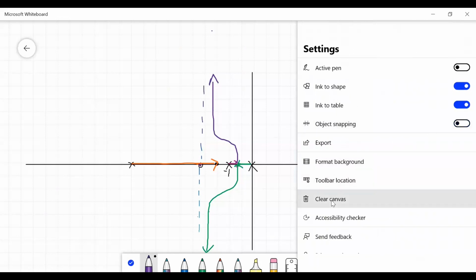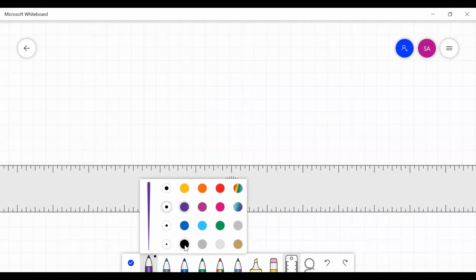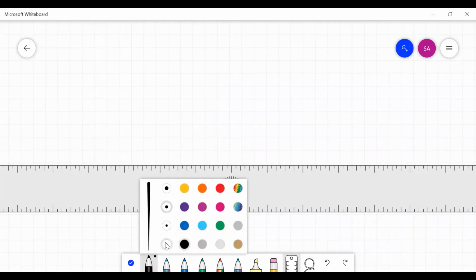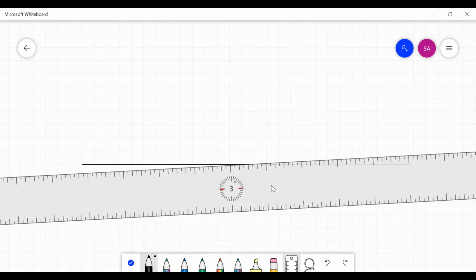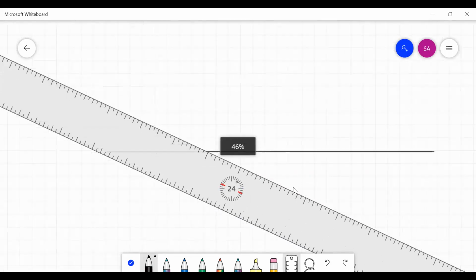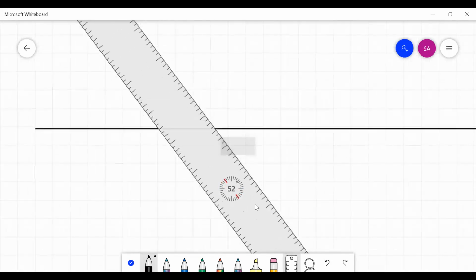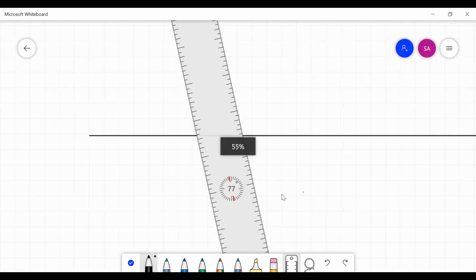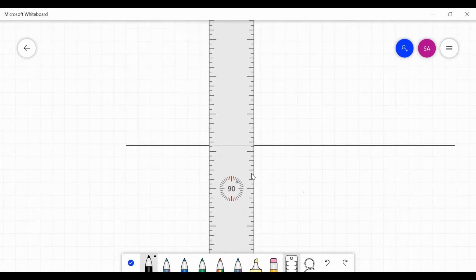Yes, let us clear this. Then let us draw a small line, and at 90 degrees we have to draw this.